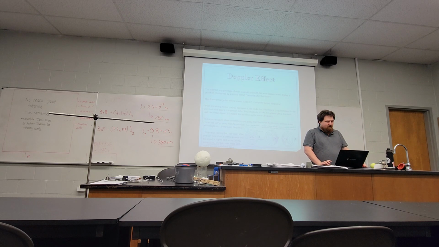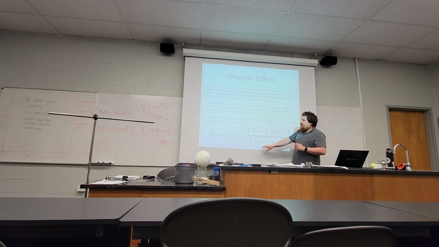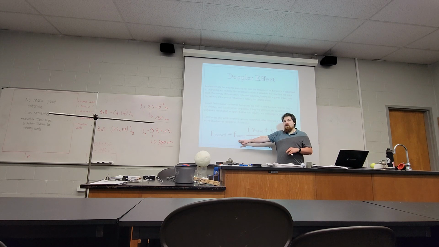All right. Now, since this is physics and we love numbers, we do have a formula for this sort of thing. Basically, what this formula does is it takes the frequency that the siren is supposed to be making and then adjusts it to what you'll end up hearing based on the speed of the ambulance. Here you've got F source, the original source frequency that the siren is built to create.